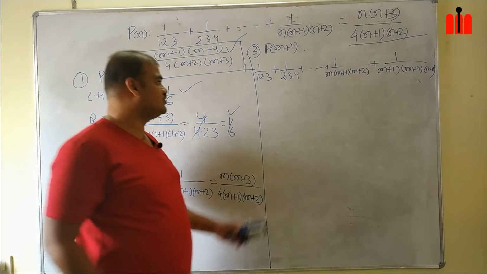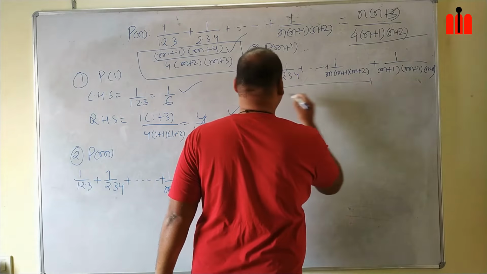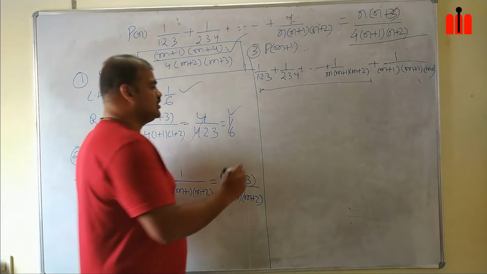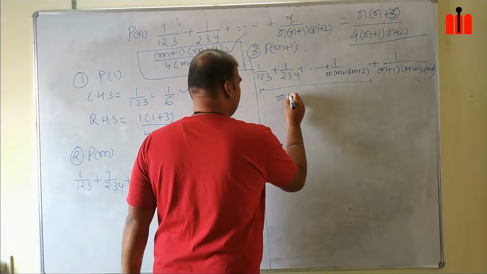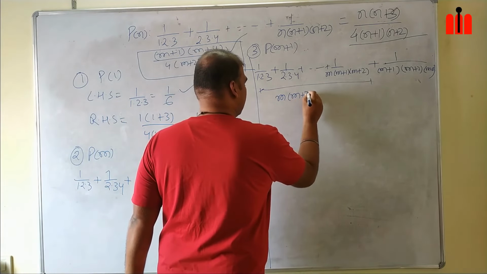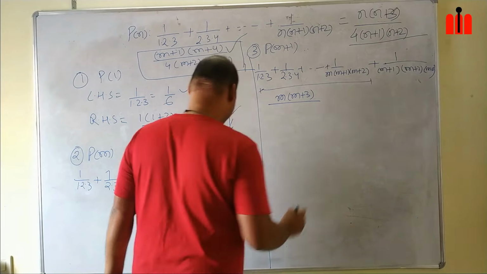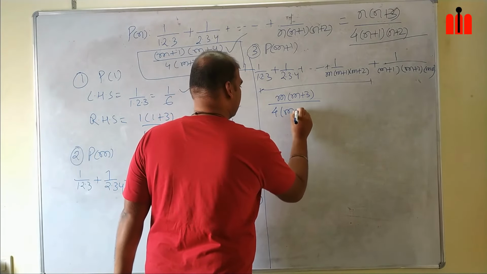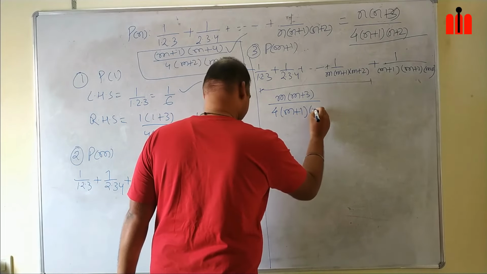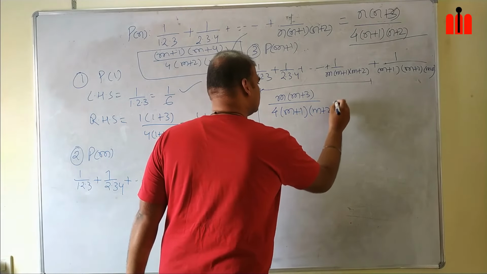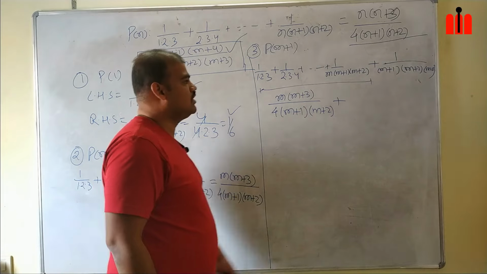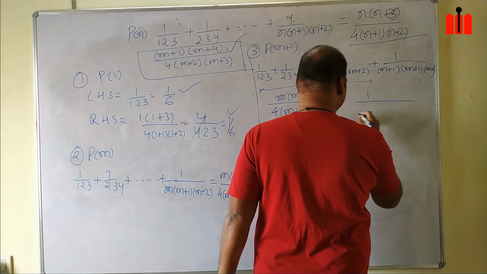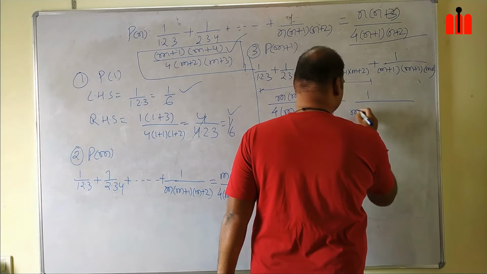Now I substitute the first m terms with this PM statement. So it will be m plus 3 by 4 m plus 1 m plus 2, plus 1 by m plus 1 m plus 2 m plus 3.